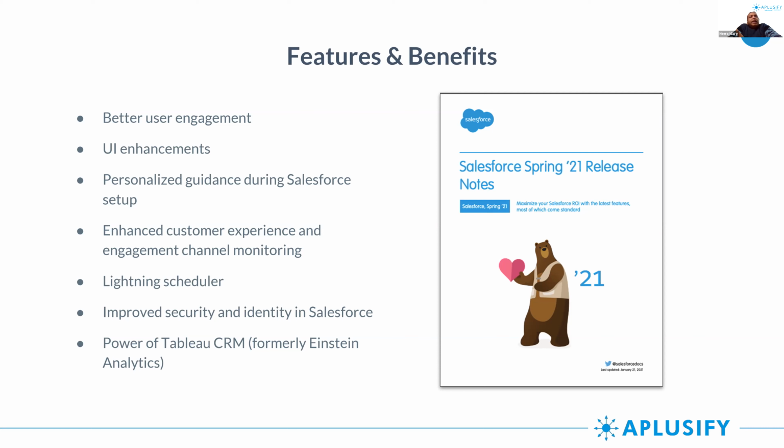Then we have Einstein Analytics, which I think you are using in your previous releases as well. But now it is actually called Tableau CRM, right? So what Tableau is doing is bringing the BI capabilities along with the artificial intelligence that was there in Einstein Analytics.